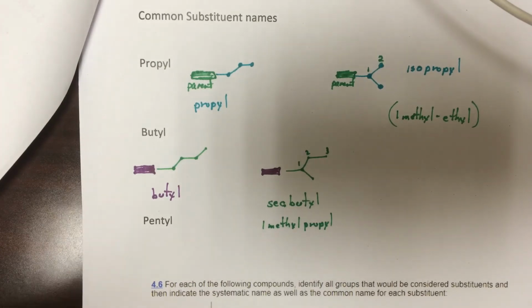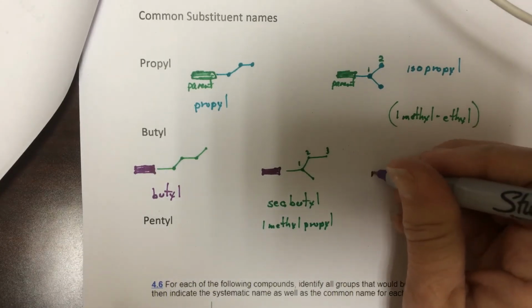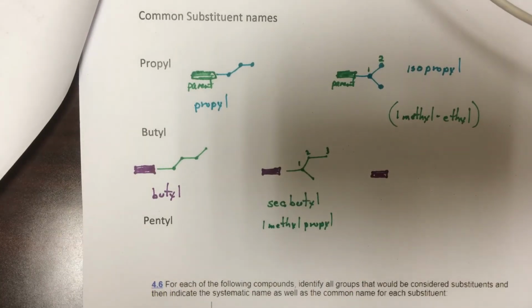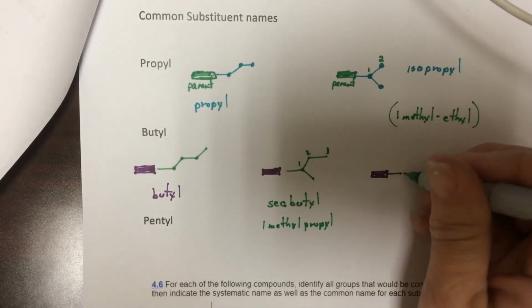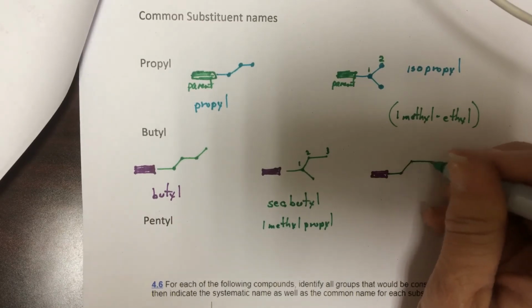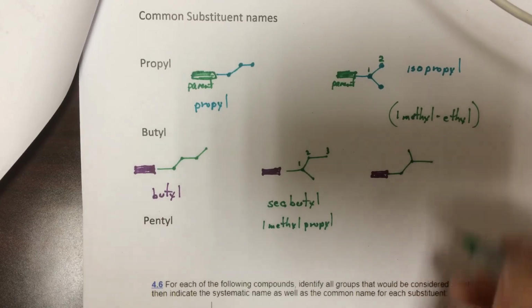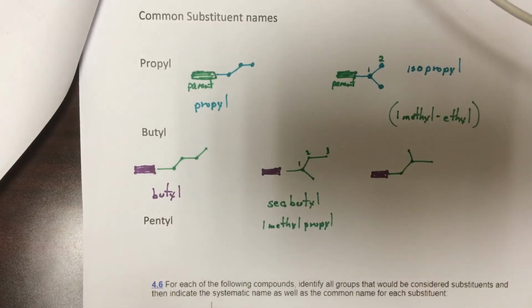All right, so we also can put that methyl group on the second carbon. There's our parent. Come out here. And this is an isobutyl.